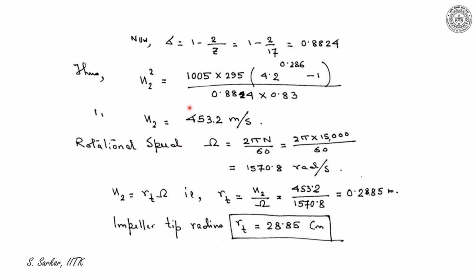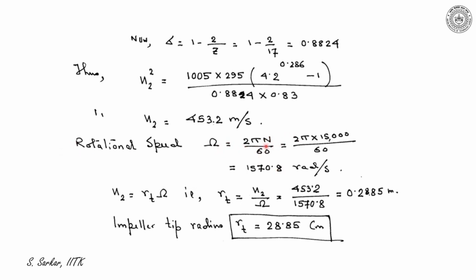Thus, as I have evaluated, I've got U2 is equal to 453.2 meter per second. Now, rotational speed omega is equal to 2 pi N by 60.